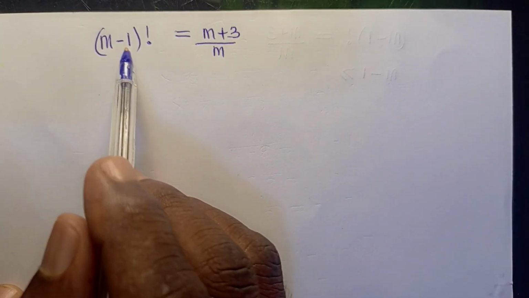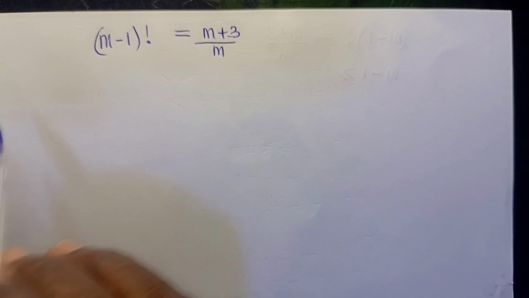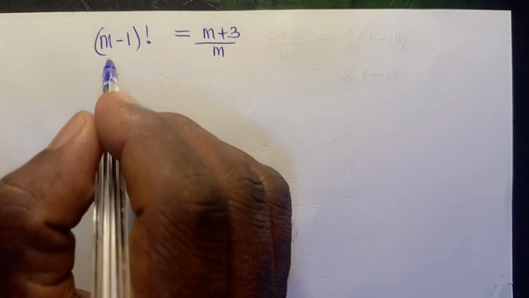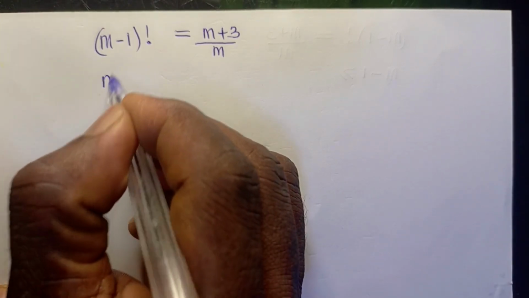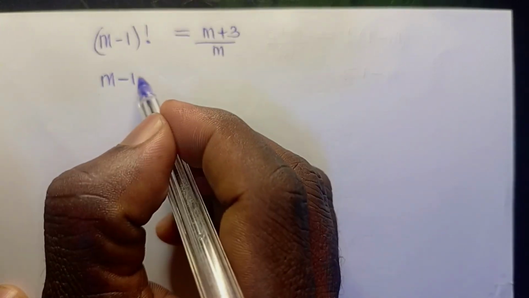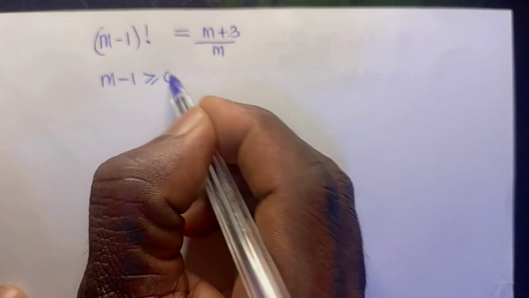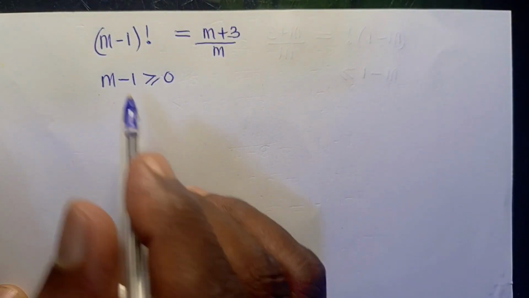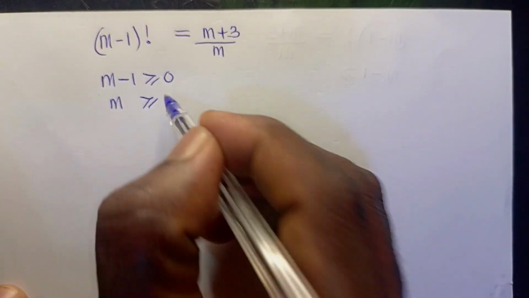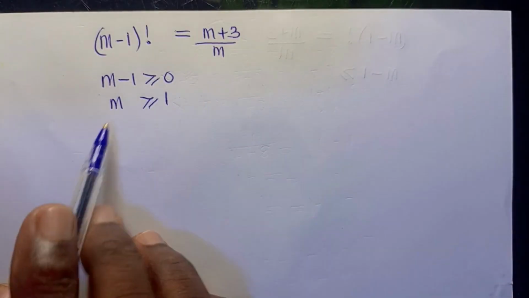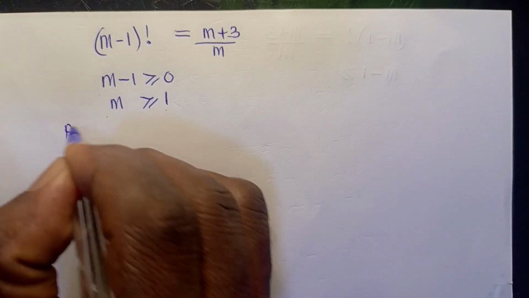So we can say that m minus 1 should be greater than or equal to 0. Right, so that means our m is greater than or equal to 1. So if m is greater than or equal to 1, we will have possible values for m.